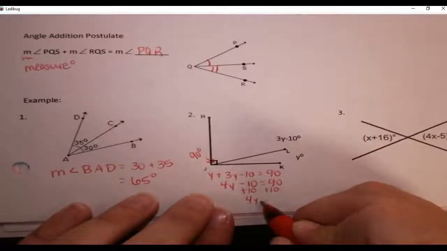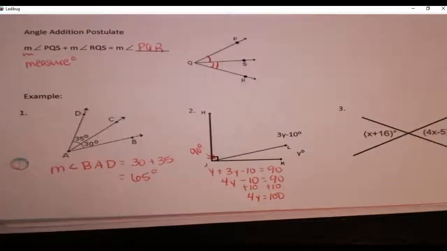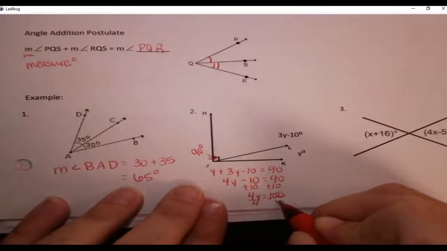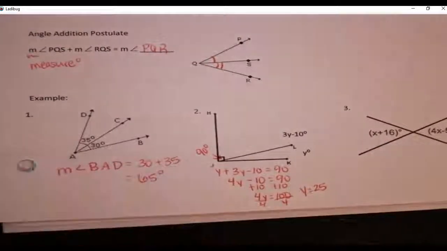So 4y equals 100. Then what? Good. So y equals? Good. Questions?